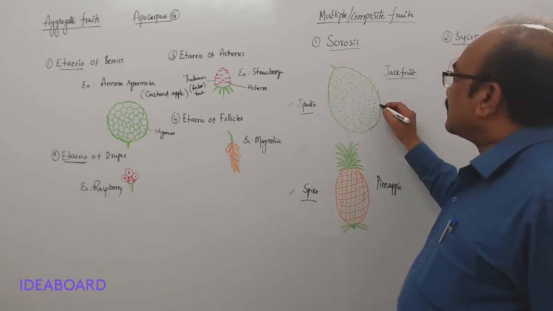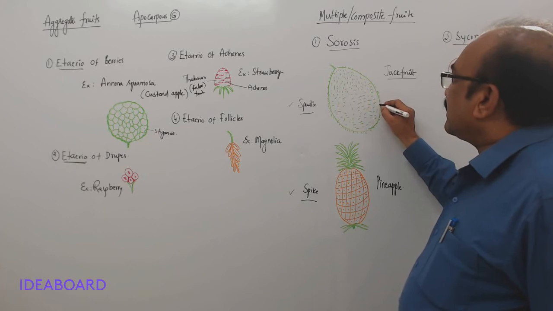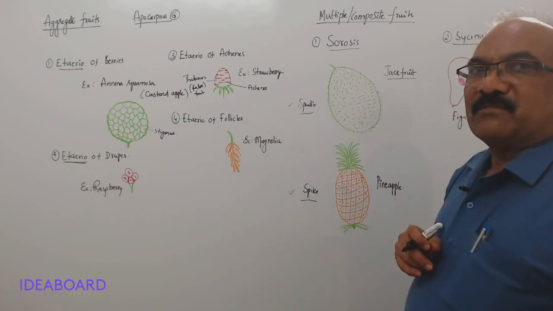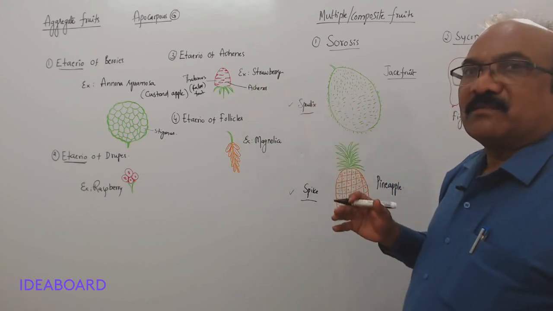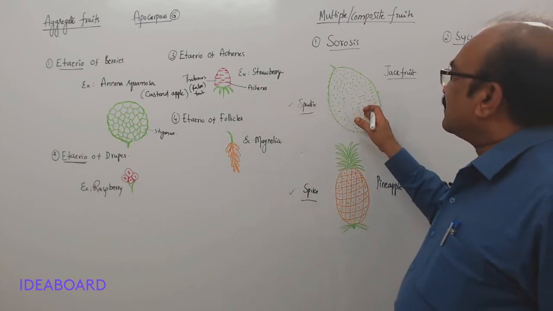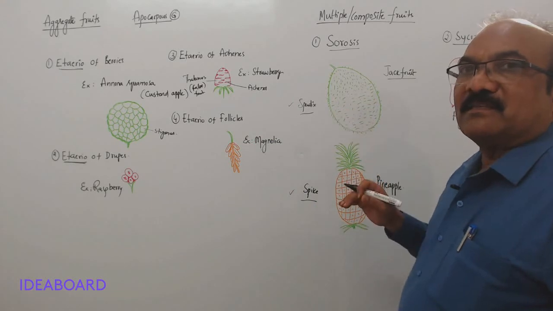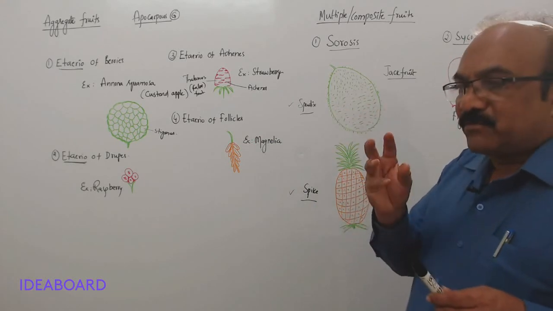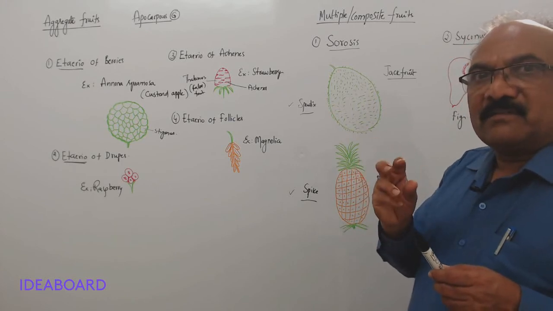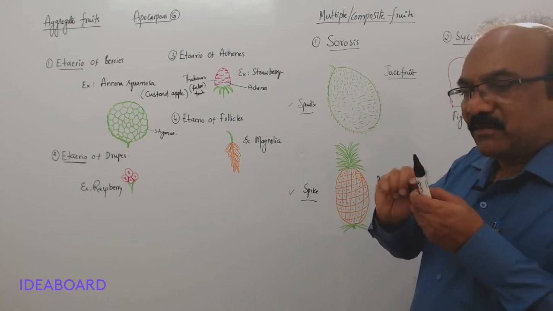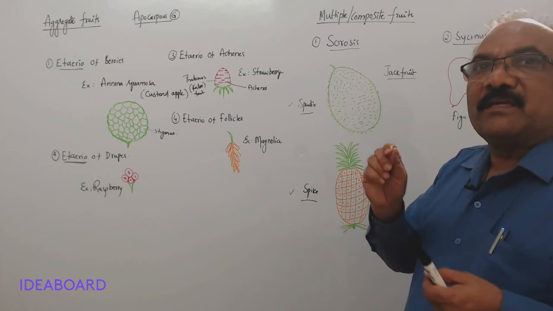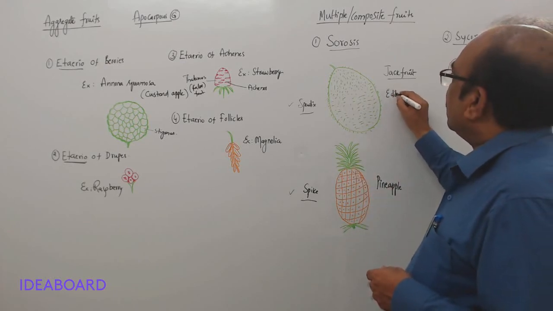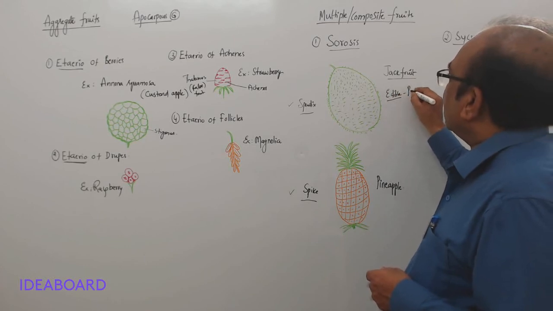This is the rind, which is formed by the fusion of stigmas, just like Annona squamosa. But Annona squamosa developed from a single flower, while this one developed from an inflorescence. Inside you will find so many yellow colored fruitlets, and the one which we are eating is actually perianth. So the edible part in the jackfruit is perianth.